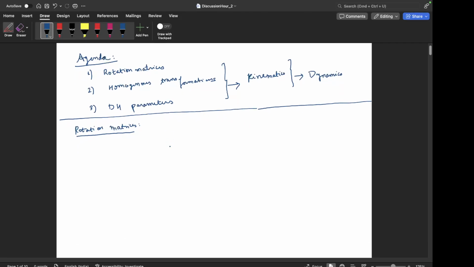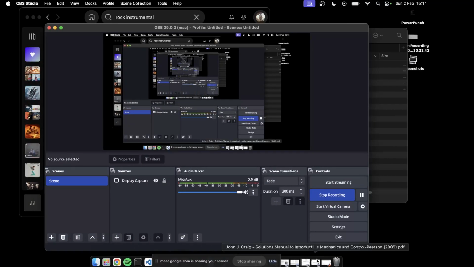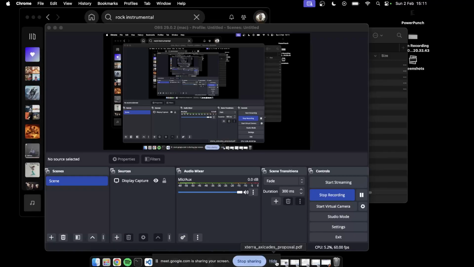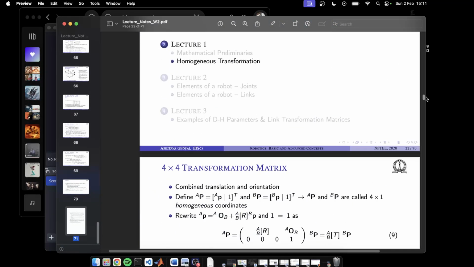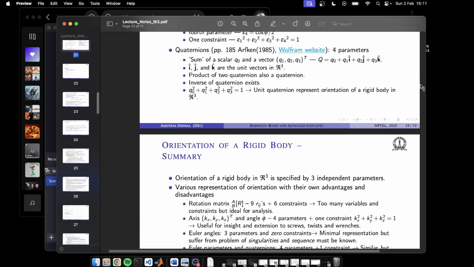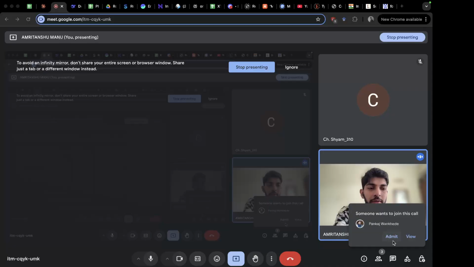Now I'll quickly describe the theoretical concepts of rotation matrices using the lecture slides as well. Right, and I will also solve some questions in regards to these rotation matrices to further highlight the concepts.